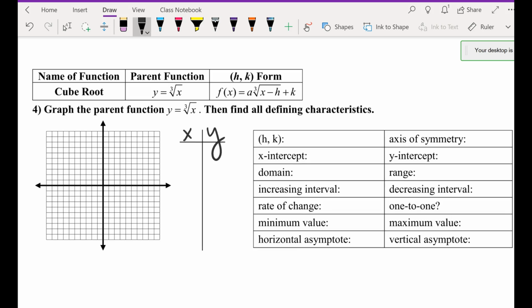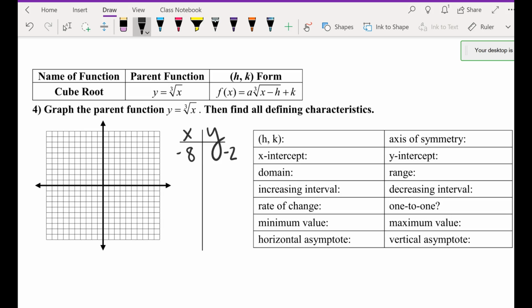Now, if it's the third index, can I have negative values inside and outside? Yeah. What would you like to pick for input? Negative 2, third root of negative 2, is that a nice number? Negative 8 would be a nice number. What is the third root of negative 8? Negative.